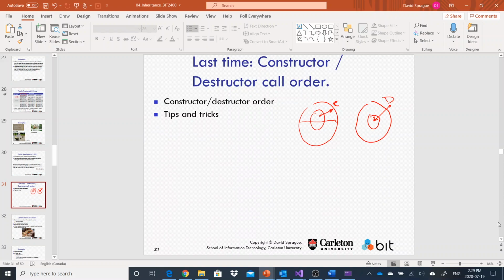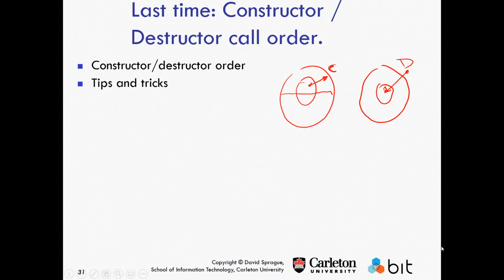We have to do it that way because I'm getting rid of functions and I'm getting rid of variables, right? So if some variable of mine on the outside relies on something on the inside, say I have to call some particular function in my destructor and it uses an internal variable, what happens?